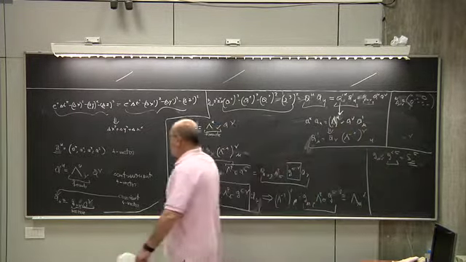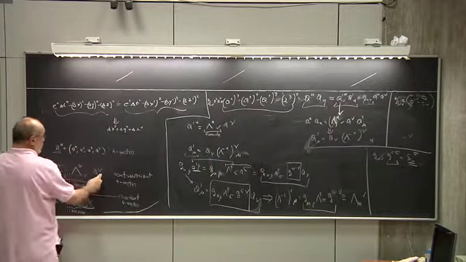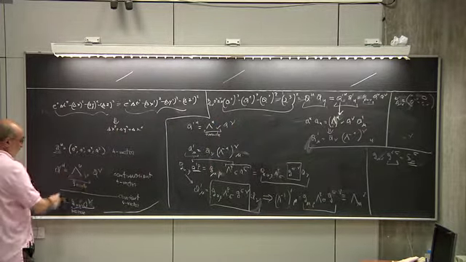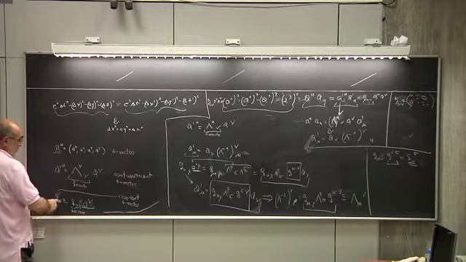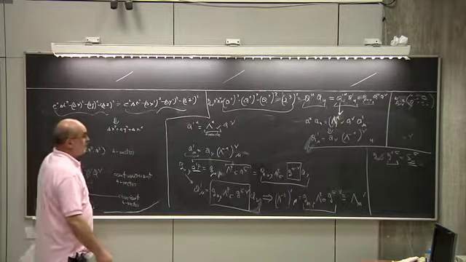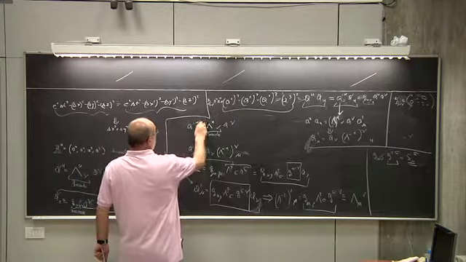Then the next question that we ask ourselves is: the contravariant vector transforms in this manner under a Lorentz transformation, so how does the covariant one transform? Okay, this is the question we wanted to answer.